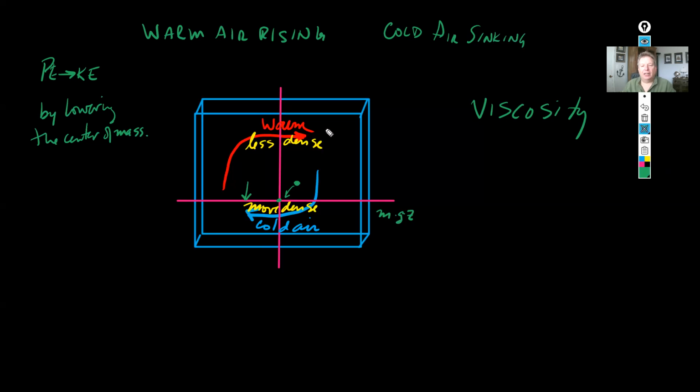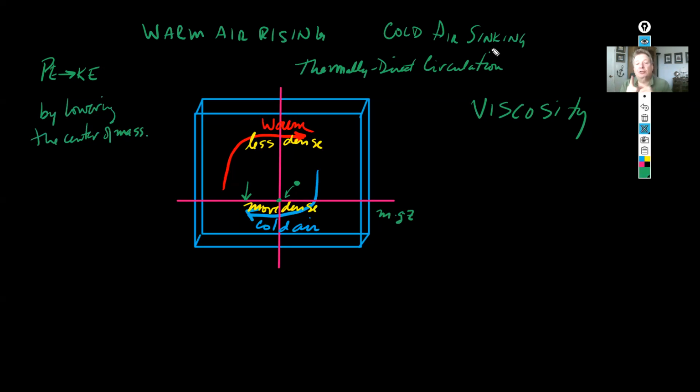That circulation is called a thermally direct circulation. So I'm going to ask you on a test, what is a thermally direct circulation? And the answer is, it's when warm air rises and cold air sinks.